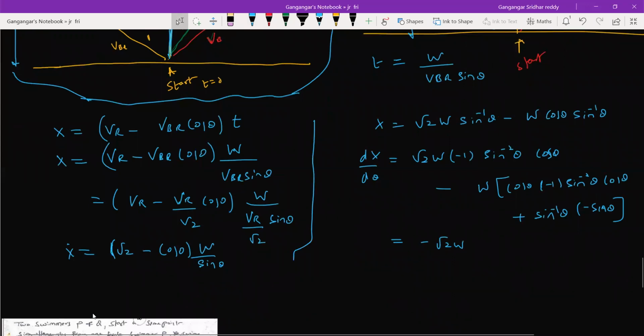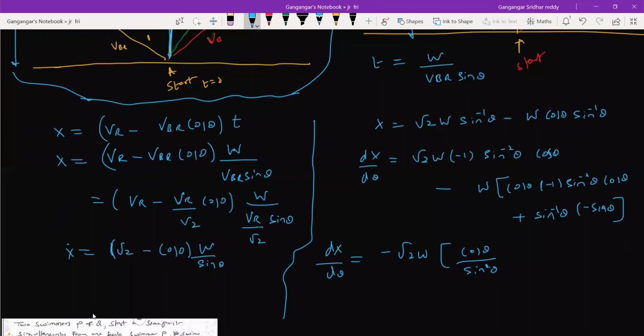You can use any other alternative method. Write it like this. So this will be minus root 2 W cos theta by, sir, cosecant theta, cot theta. Yeah, anything you can write. So this will be negative. So here cos square theta by sin square theta, sin square theta.